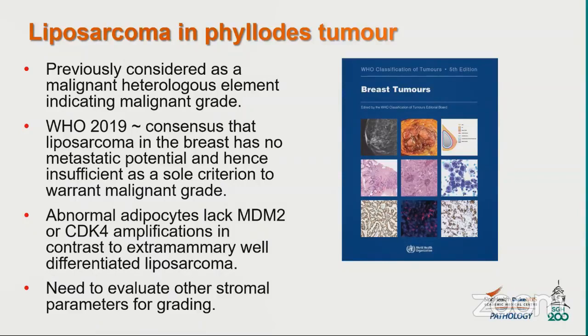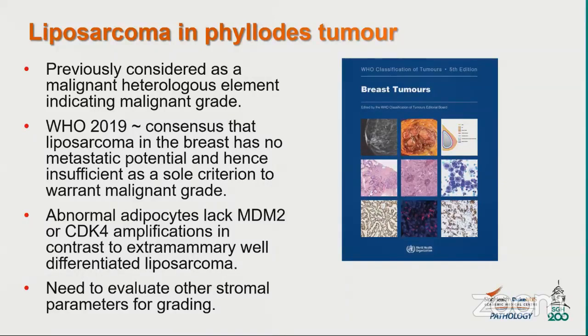Liposarcoma was previously considered a malignant heterologous element that could independently indicate malignancy in a phyllodes tumor even in the absence of other histological parameters of malignancy. The latest volume of the WHO, however, had a consensus that liposarcoma in the breast has no metastatic potential and hence is insufficient as a sole criterion to warrant malignant grade.